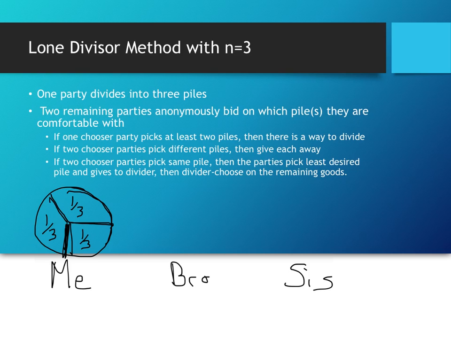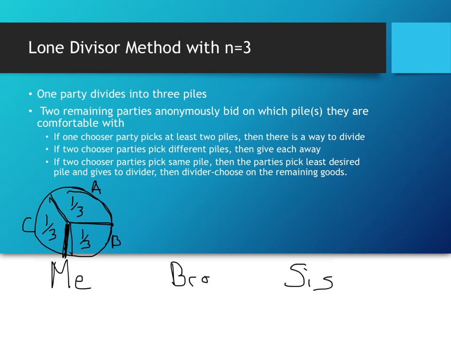So what happens is they do a bid. And let's just assume these piles are called A, B, and C. So what each person is going to do is the brother is going to say which piles he's comfortable with. The sister is going to do the exact same thing, and they're going to do it anonymously.